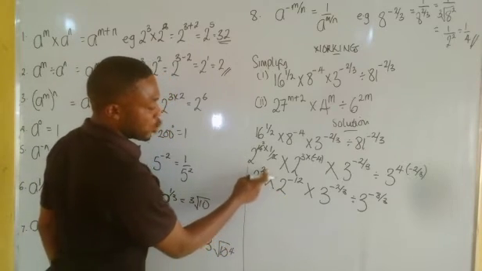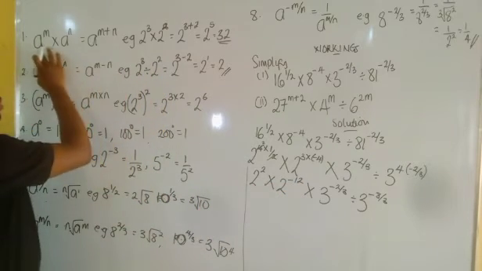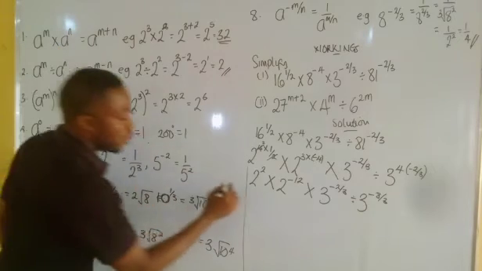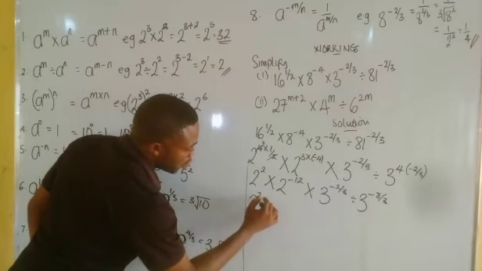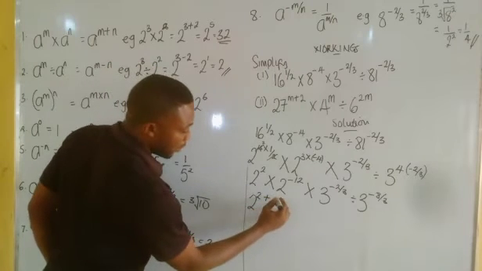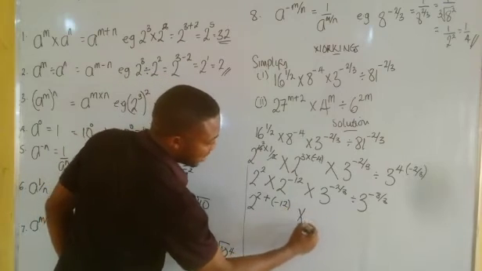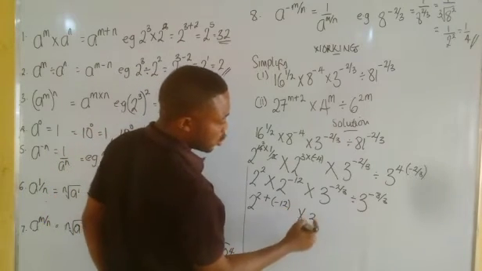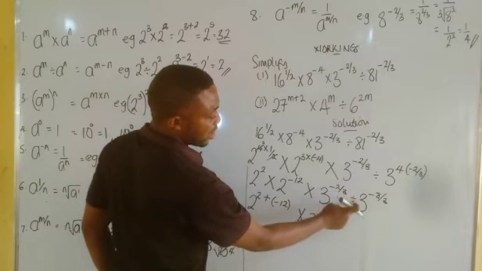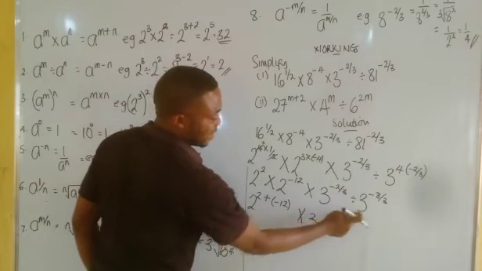Now 2 raised to the power 2 times 2 raised to the power minus 12. Remember this first law, whenever we have the same base and it is multiplication, we just say 2 raised to the power 2 plus, since it's multiplication we are adding, plus minus 12, times 3 raised to the power. Now since the bases are the same, we subtract their indices.